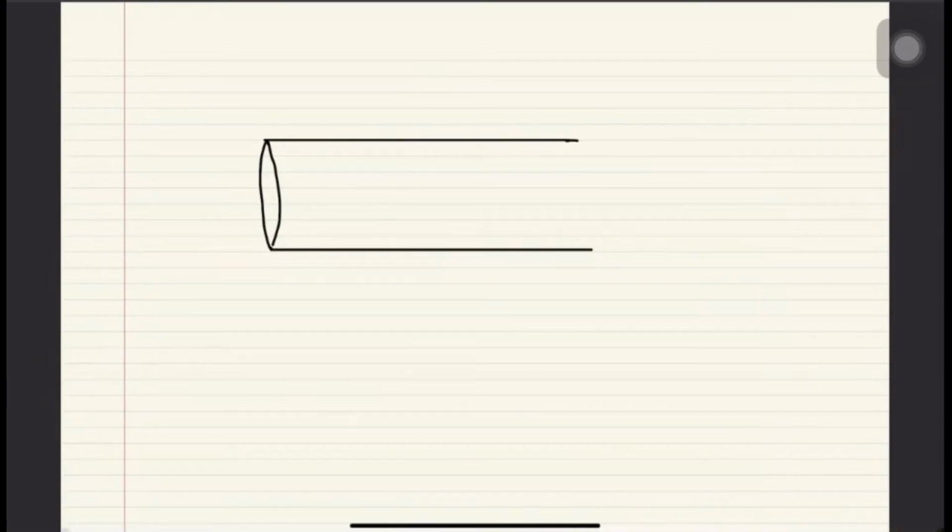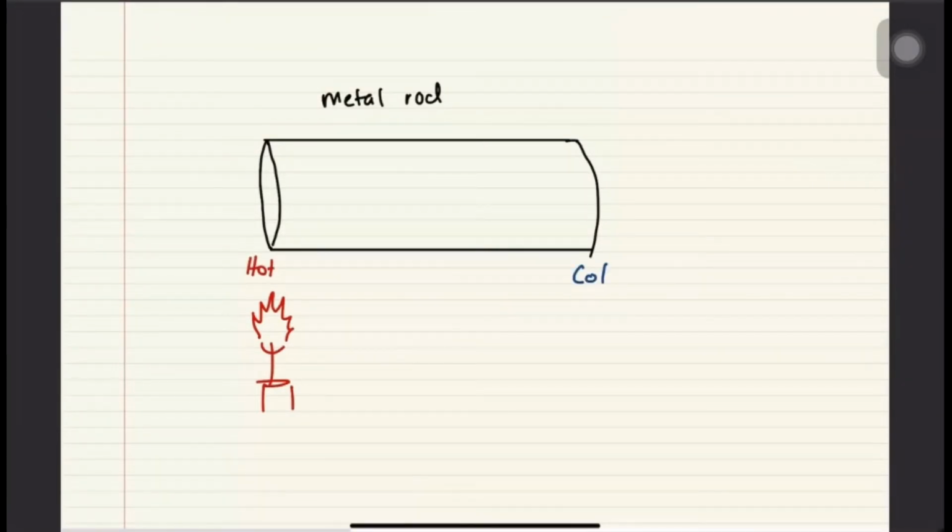So, kalau kita cerita pasal metal rod, if this is a metal rod, so apa kriteria untuk metal rod? Metal rod ni consist of apa? Apa yang bezakan metal dengan benda lain? Kenapa dipanggil metal?